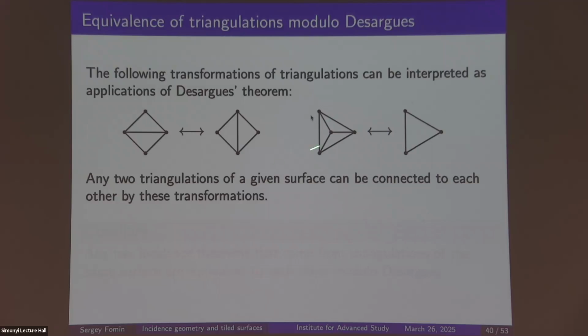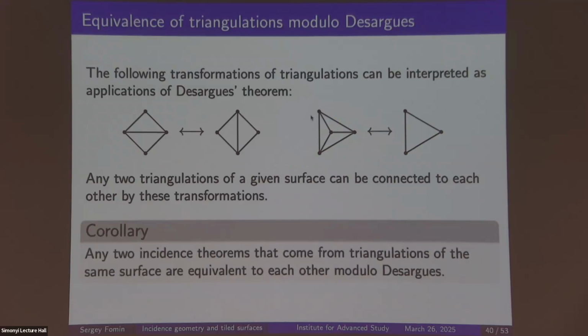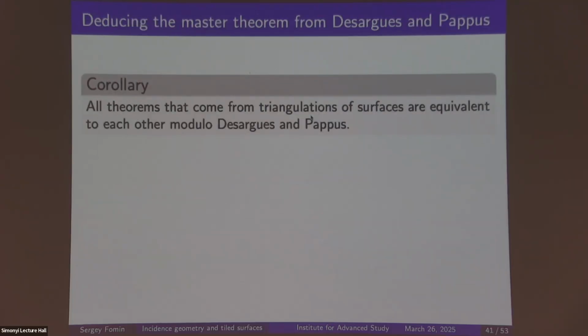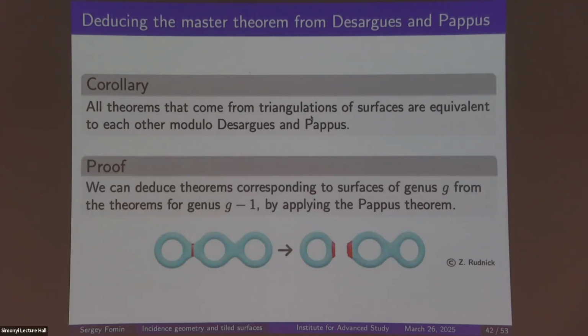Notice we can add or remove a vertex of the triangulation, so we don't have to fix the number of vertices. Okay, so any two incidence theorems that come from triangulations of the same surface are equivalent modulo Desargues, and there is a similar statement for quadrangulations because of the equivalence that I mentioned before. So in fact, all theorems that come from triangulations are equivalent to each other, modulo Desargues and Pappus. We already know everything just depends on the surface.